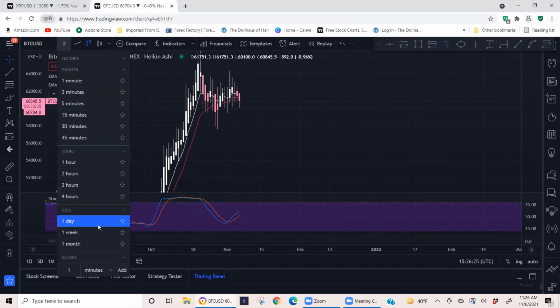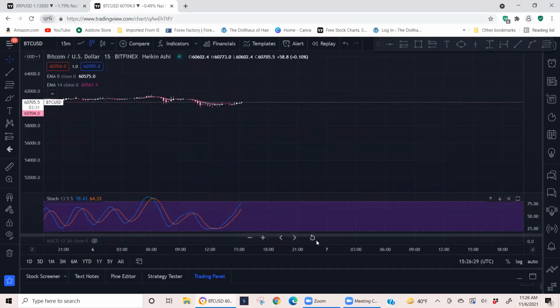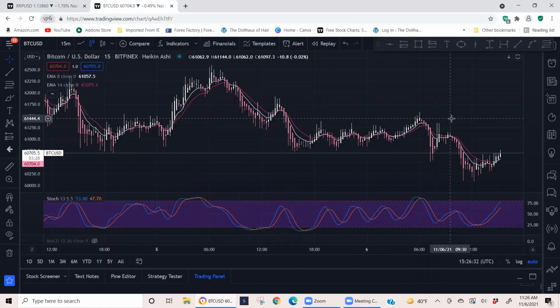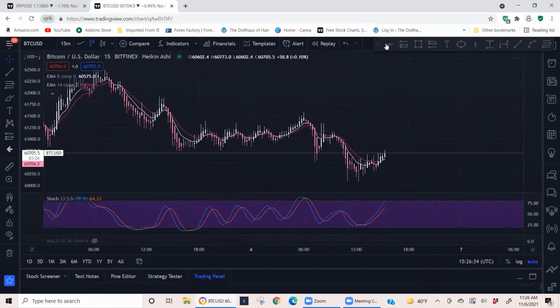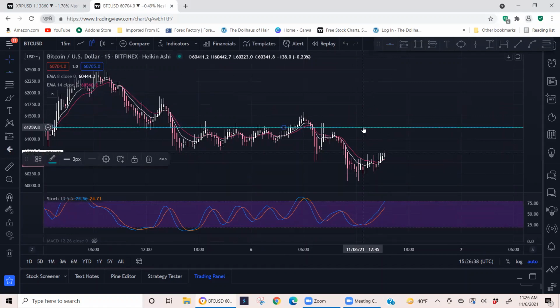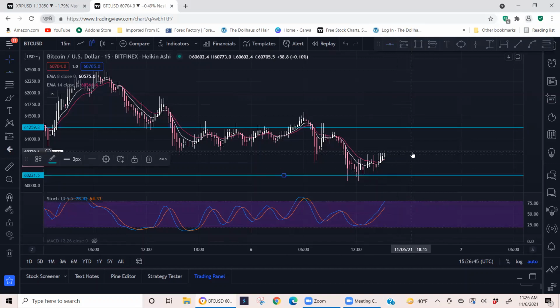Once you get the overall trend, immediately drop down to the 15-minute, because this is a scalp strategy. Once you go down to the 15-minute, you're gonna find your areas of supply and demand. I put one area right here, and another one down here at this previous low.